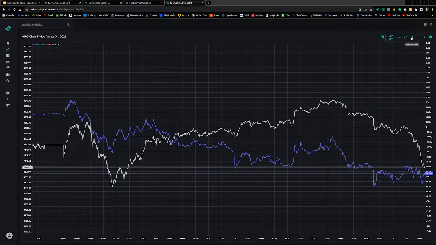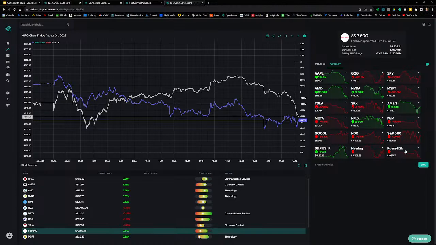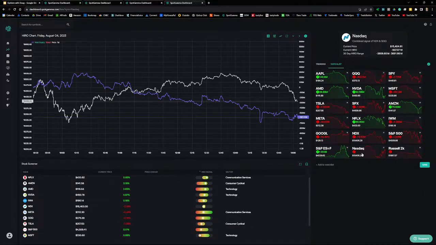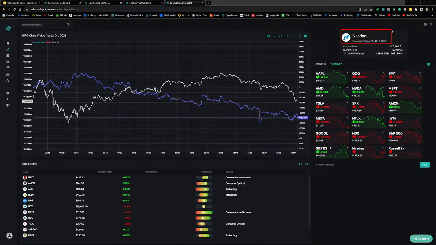Let's go take a look at Nasdaq now. And just like the S&P 500, this is a combined signal for NDX and QQQ. This is the best signal to look at if you're trading Nasdaq futures or QQQ shares or options.